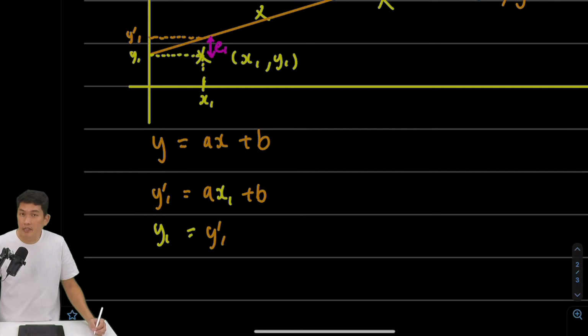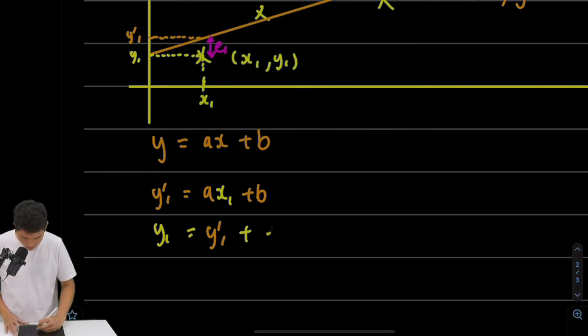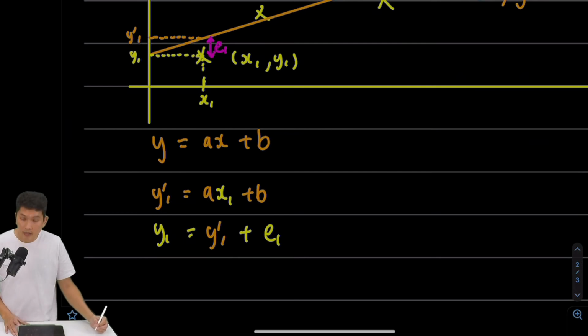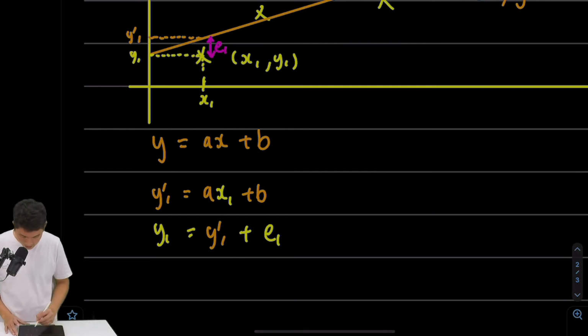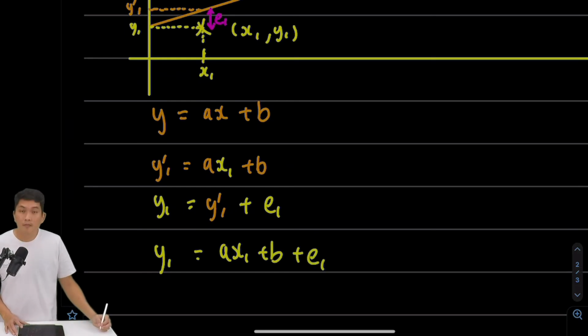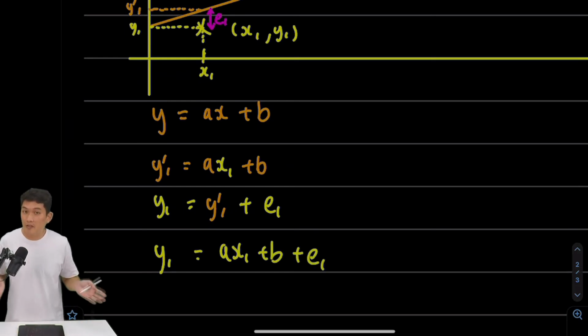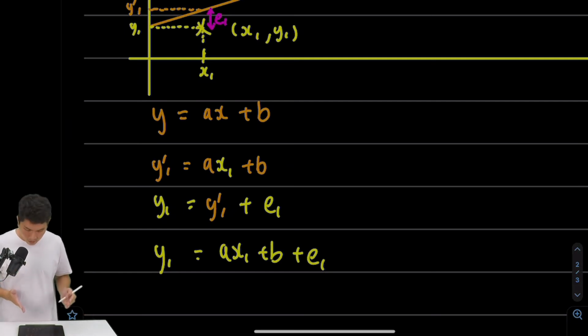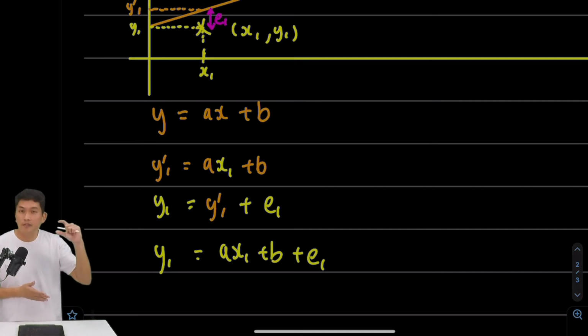But I'm going to make E1 a negative value, because then I can just write a plus. Plus E1. Then knowing that y prime 1 is equal to this whole thing over here, I can rewrite y1 equals ax1 plus b plus some error term. So I have an equation in terms of y1 and x1. y1 is equal to my equation of regression, but with some adjustment, error E1.